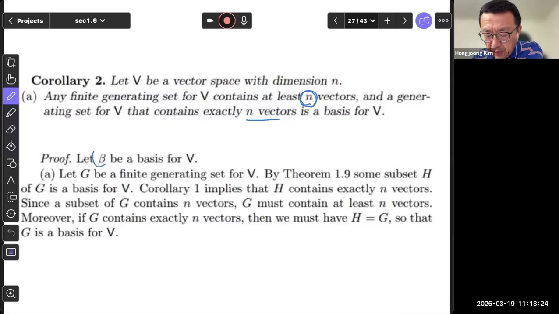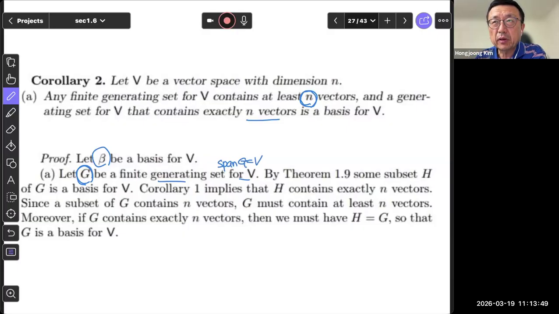Let beta be a basis for this space V, and let G be a finite generating set for V. Then G generates V, so the span of G will be V.